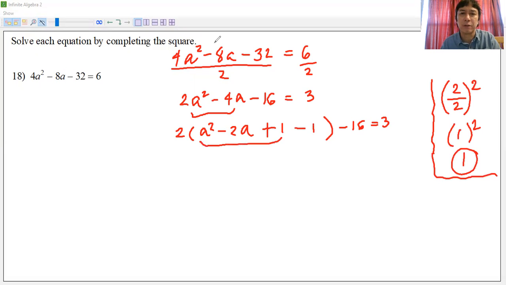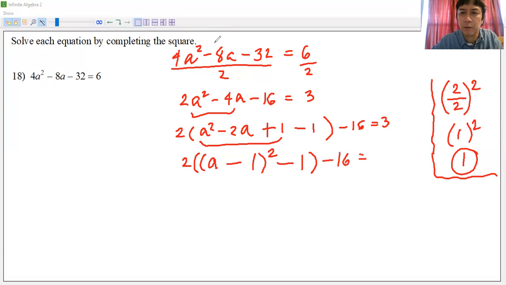It has 3 terms, that's why it's a trinomial. A perfect square trinomial is equivalent to the binomial squared. This is a, this is 1. The sign will be a minus there. And we still have the negative 1 over here. This will now be enclosed by the original parentheses, and the 2 is out there. This is followed by minus 16 equals 3.